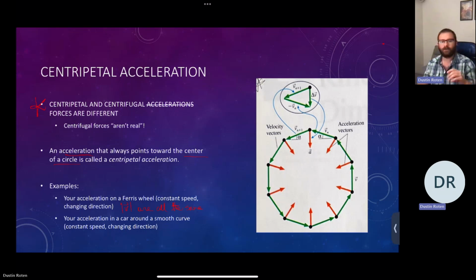Okay, so you can imagine if we take this figure that we have here and we turn it up vertically, well, that would be our velocity vectors as we ride the Ferris wheel. And you'll notice that since the lengths are all the same and we try making the same turn every time, our acceleration vector will always point toward the center.